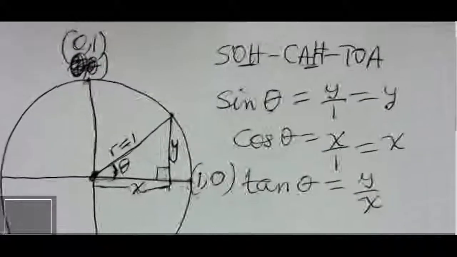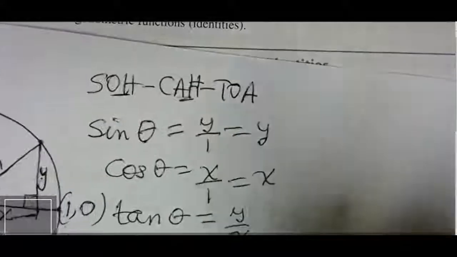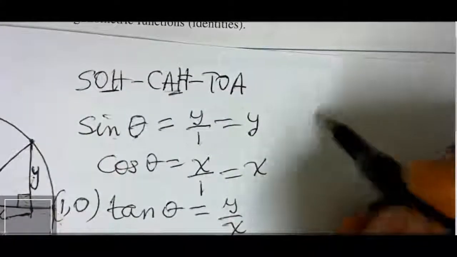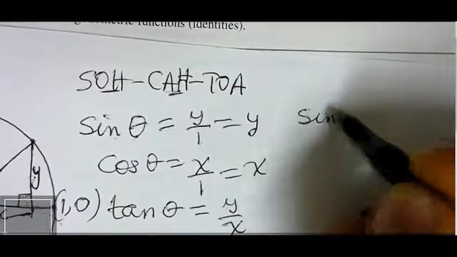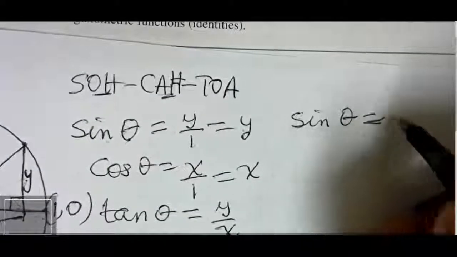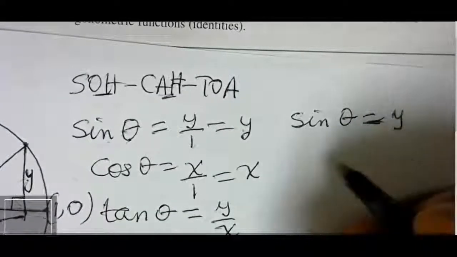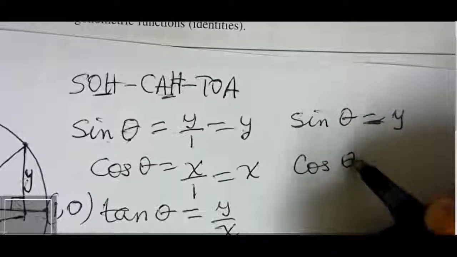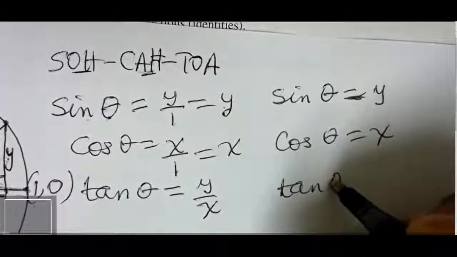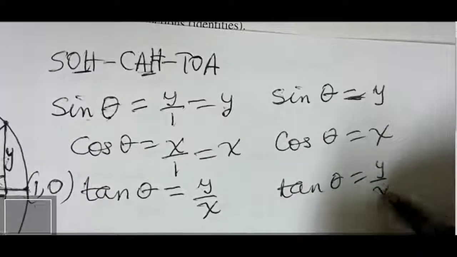So that gives us something here to work on. We can see that sine theta is simply equal to y, and cosine theta is x, and tan theta is y over x.